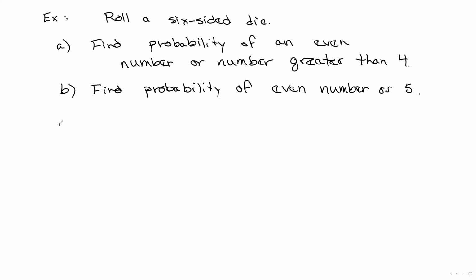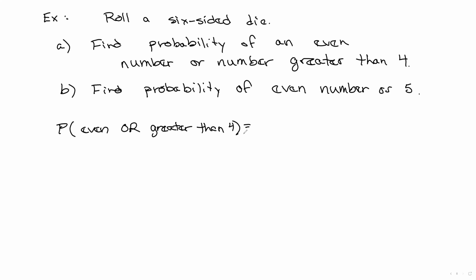All right, so the first one, we want to find the probability of an even number or greater than 4. So you have to think about, are those mutually exclusive? Can you have an even number that is greater than 4? Is there anything that's in both of those at the same time?